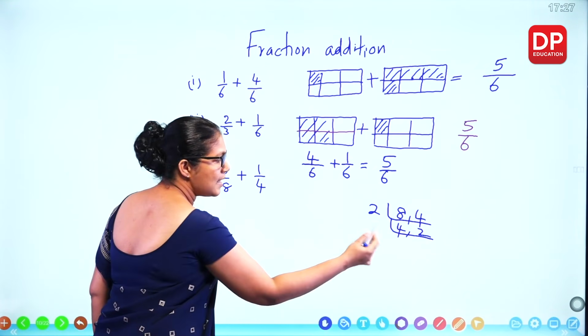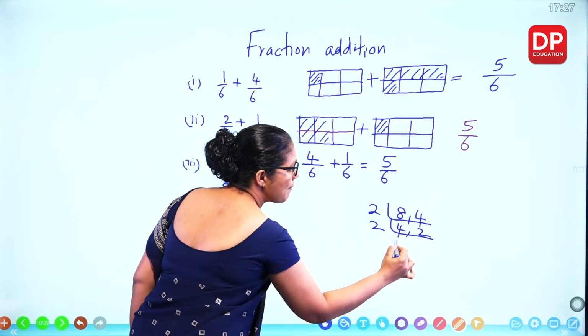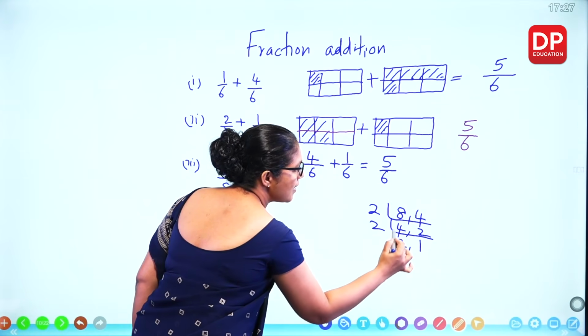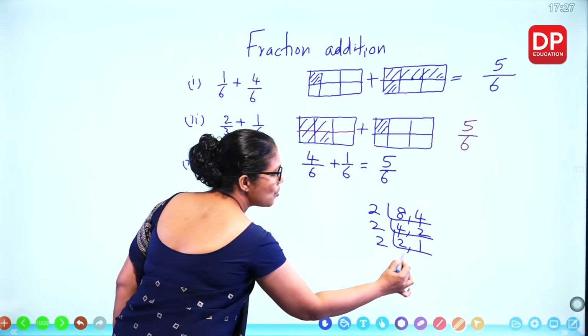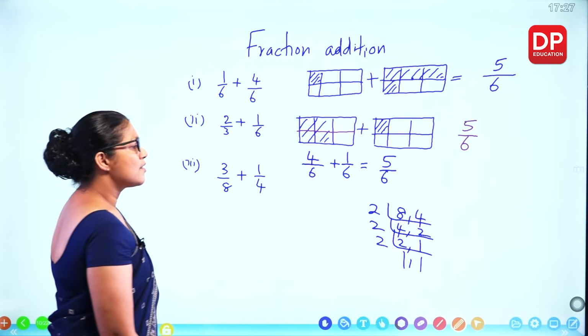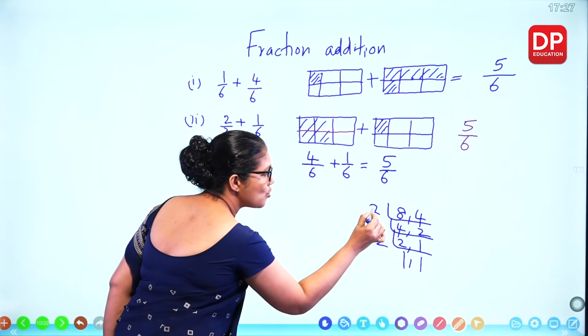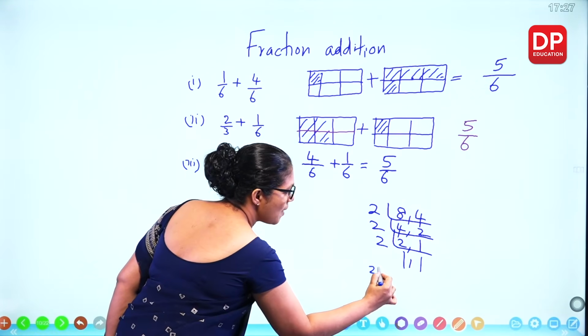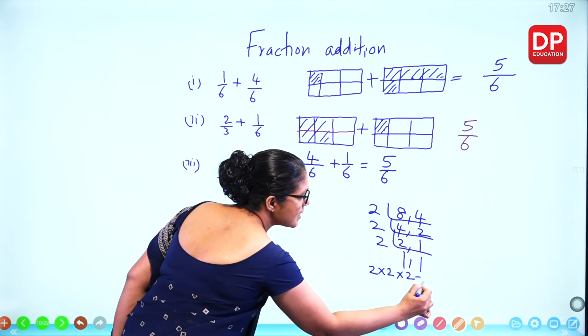Then you can divide by 2 and 1. Again, you can divide by 2, 1 and 1. So what's the lowest common multiple? 2 times 2 times 2, which is 8.